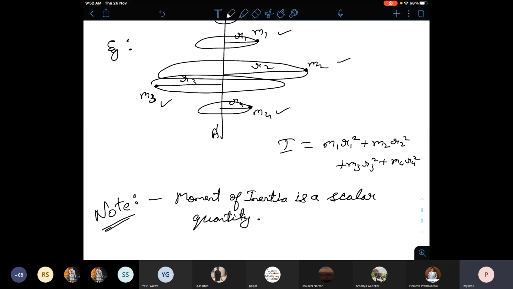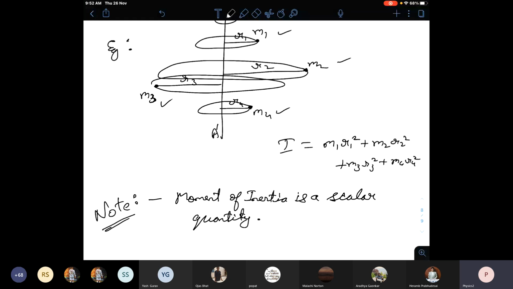Then why is it a scalar quantity? Because understand this, it is representing mass. In linear motion, just tell me, was mass a vector quantity? No. In linear motion mass was a scalar quantity, so in angular motion also the moment of inertia is a scalar quantity. So why create confusion over there?